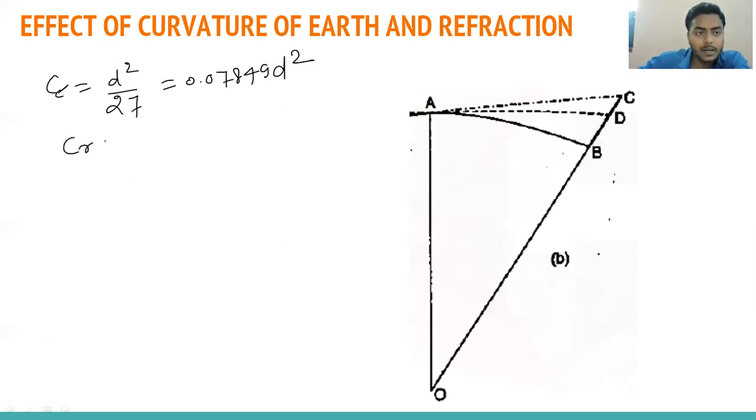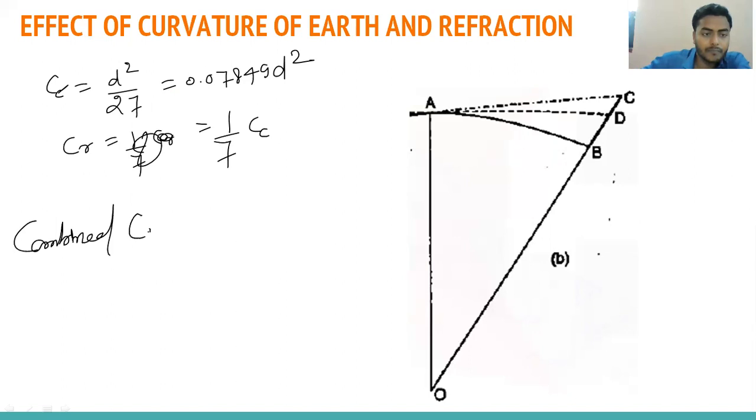CR we can write as 1/7 of CC. Now the combined correction we denote by C, or in the figure by D. This will be BD. BD will be the combined correction.